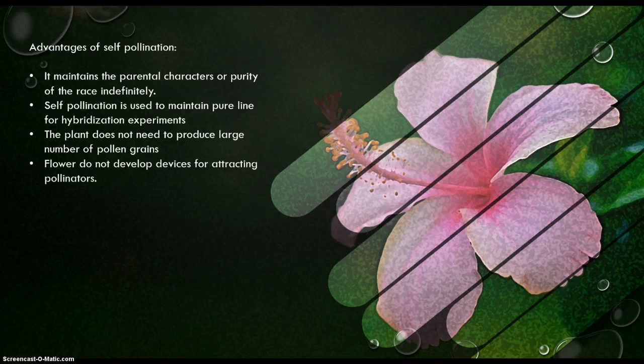And the fourth thing is what? Flowers do not develop devices which attract pollinators. Why do we need to attract pollinators? In order to do cross-pollination, we need to attract the pollinators so as to transfer the pollen grains with their help. Here the transfer is very simple and easy, and hence it doesn't need any kind of pollinators, and thus the flowers generally don't develop characters which can attract the pollinators.